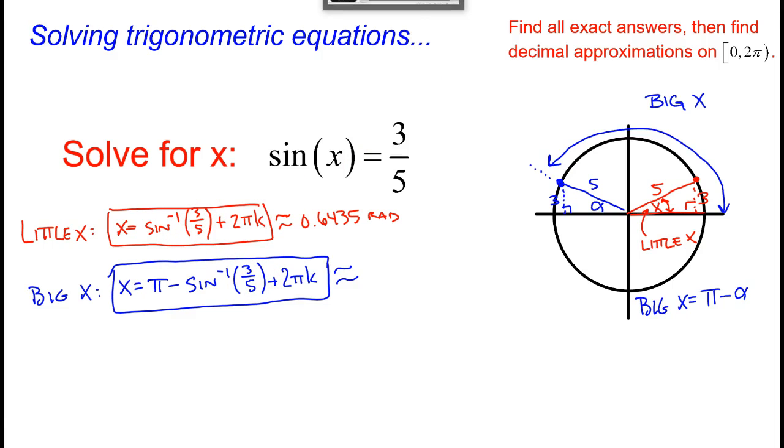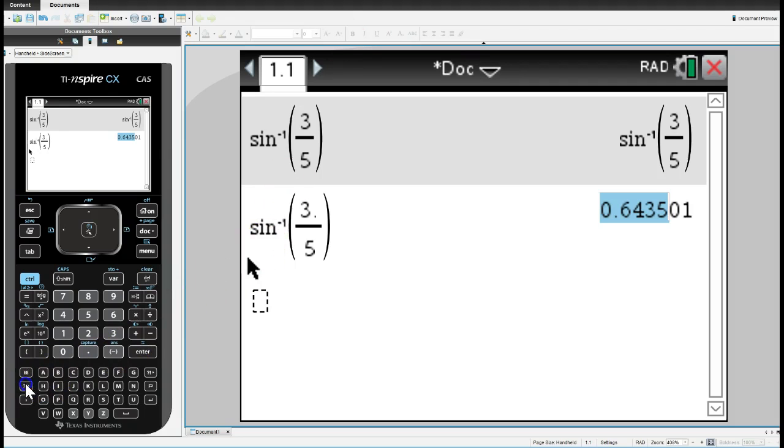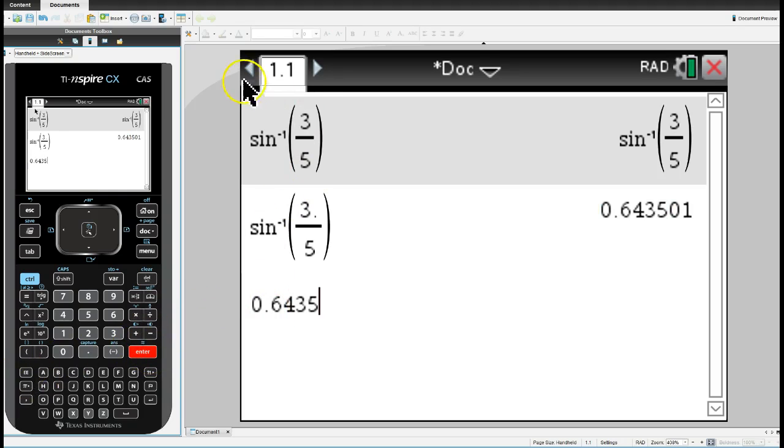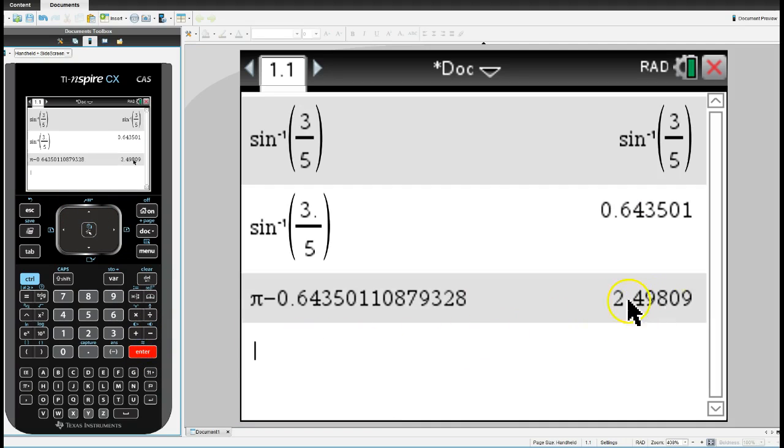So for an approximate value, hold on a second, folks, technical difficulties. I'm going to do pi minus my previous answer, and there's my approximate value for big X, 2.4981.